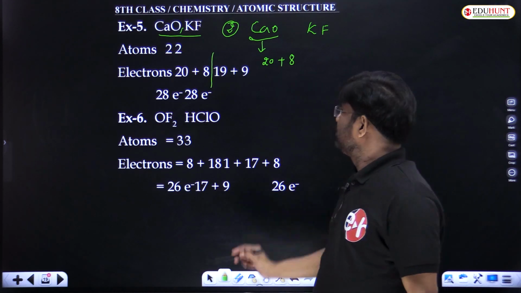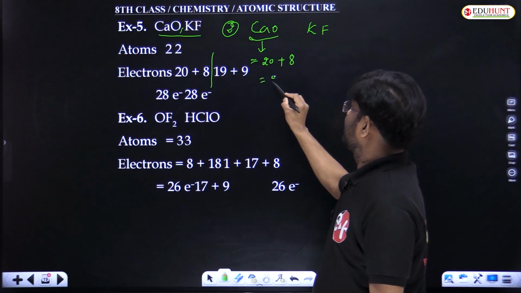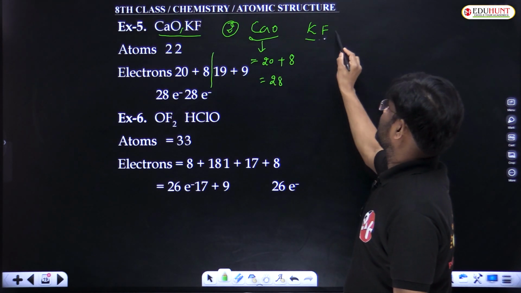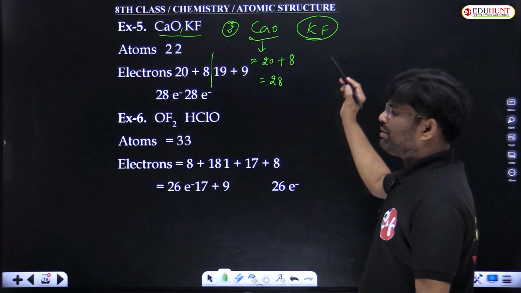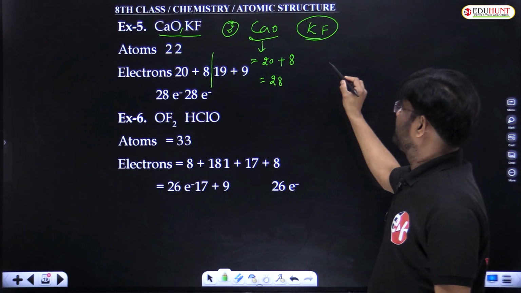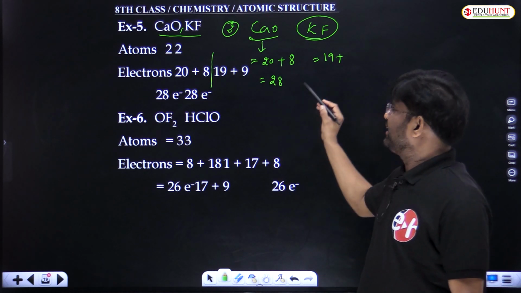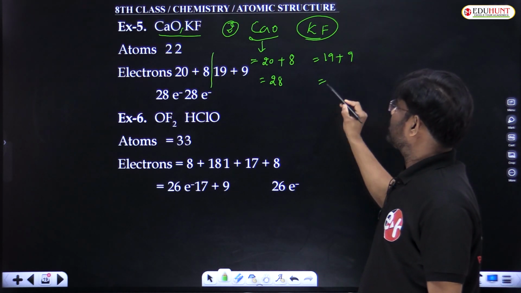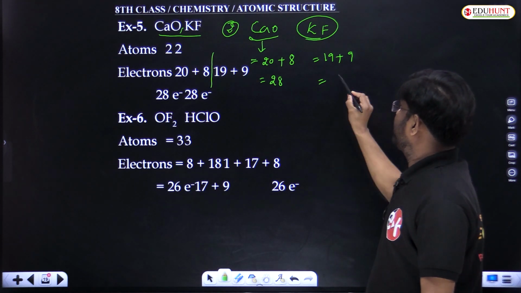In potassium fluoride, potassium atomic number 19 plus fluorine 9, 19 plus 9, 28.